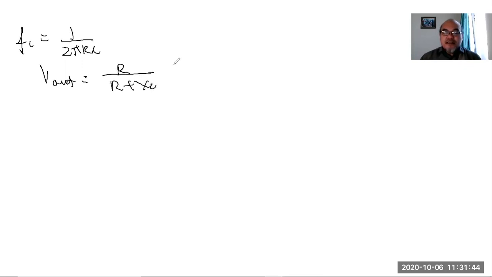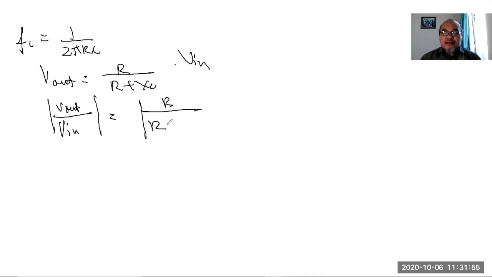So let's derive how we get this formula Fc equals 1 over 2 pi RC. From the previously drawn circuit, the transfer function is R divided by R plus XC multiplied by V in. The magnitude of V out divided by V in will be equal to the magnitude of R divided by R plus XC.